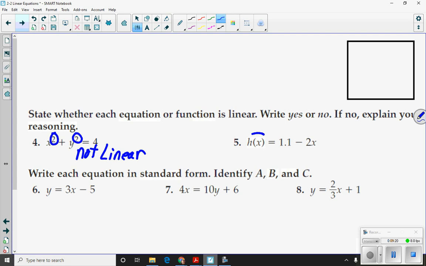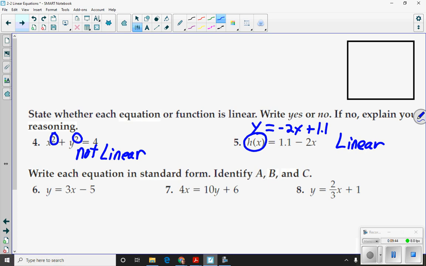This one looks weird. This h of x is function notation for basically saying y equals. And if you wanted to rearrange it and put minus 2x plus 1.1, it's the same exact equation. No exponents on the x and y. It is linear. Yes, linear.